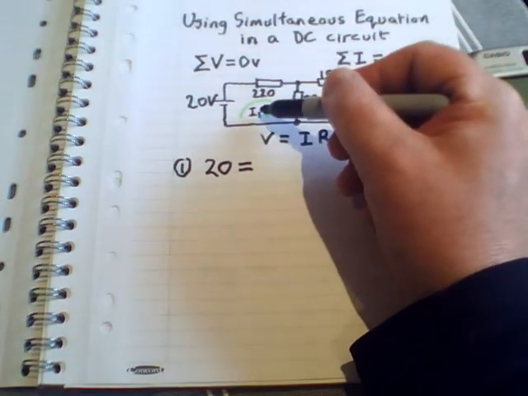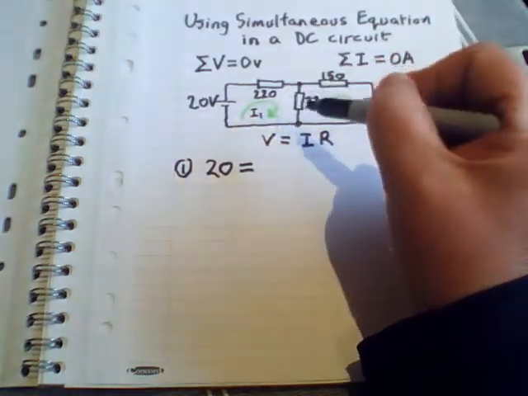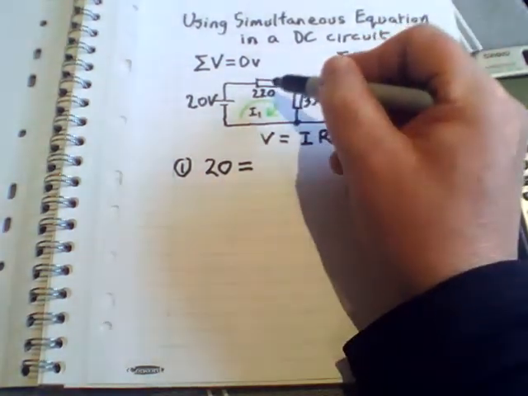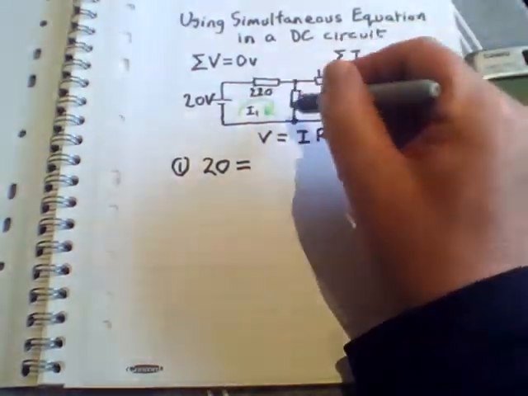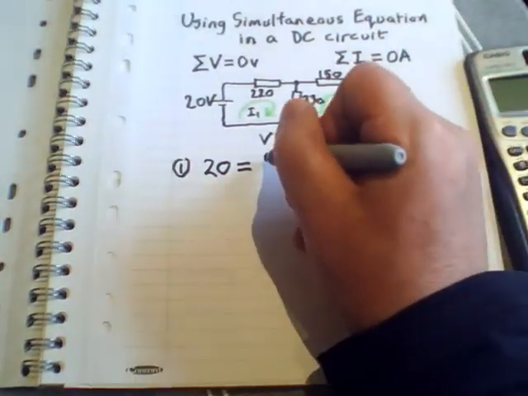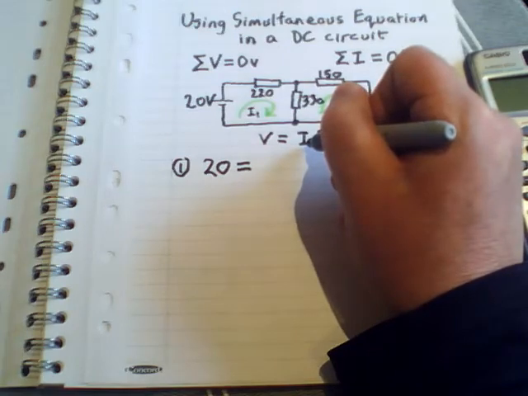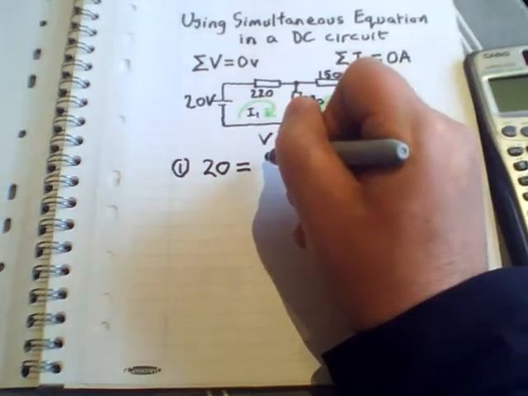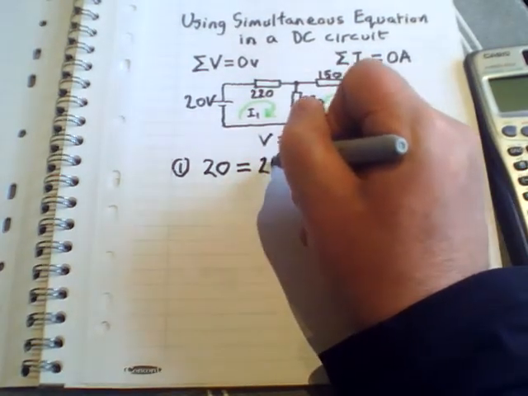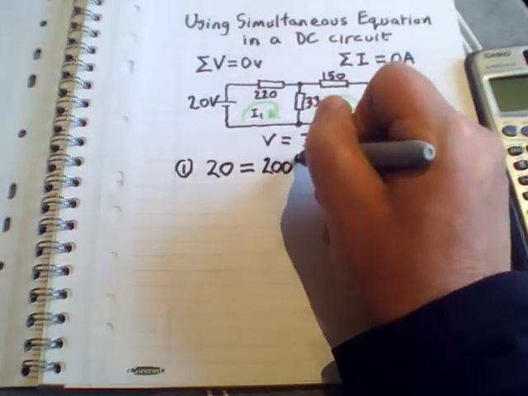I don't know what the current is, but I can use Ohm's law and the resistor value to say what that current is. So it would be current I1 times resistance 220. So I'll say the first voltage drop is 220 I1.